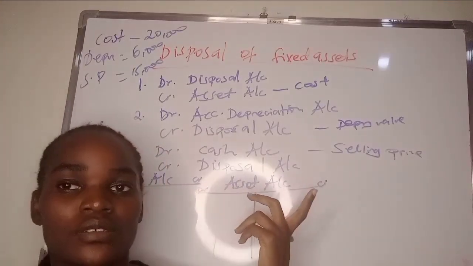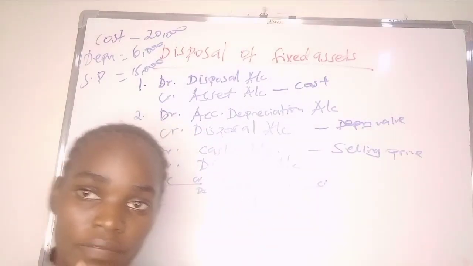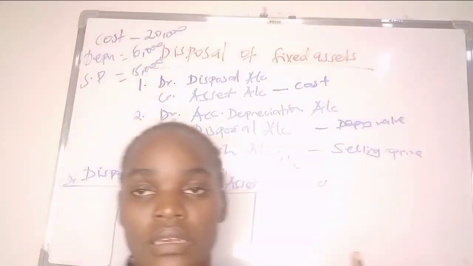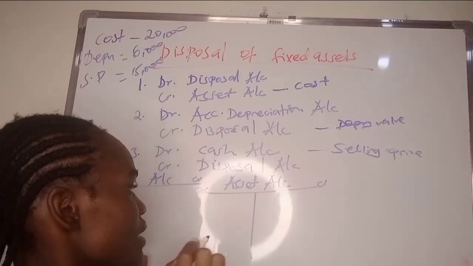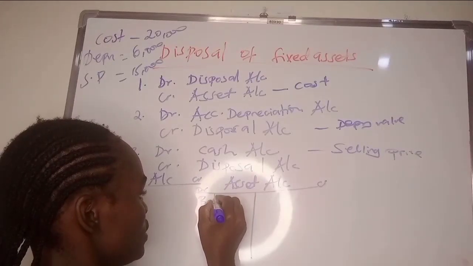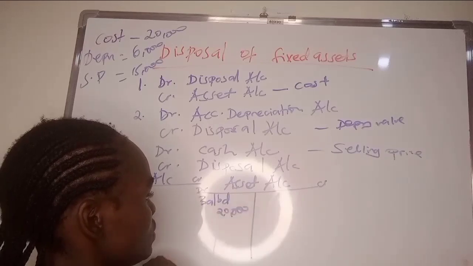The asset account will have an opening balance, like its cost. When we buy an asset, we debit it. So the balance brought down will be the 20,000.